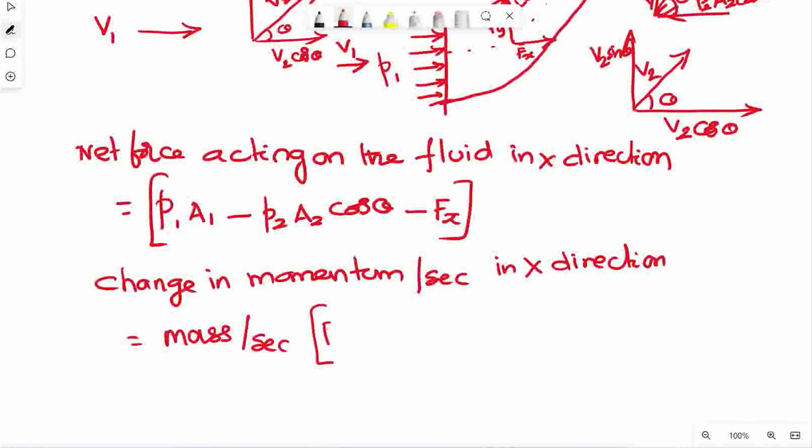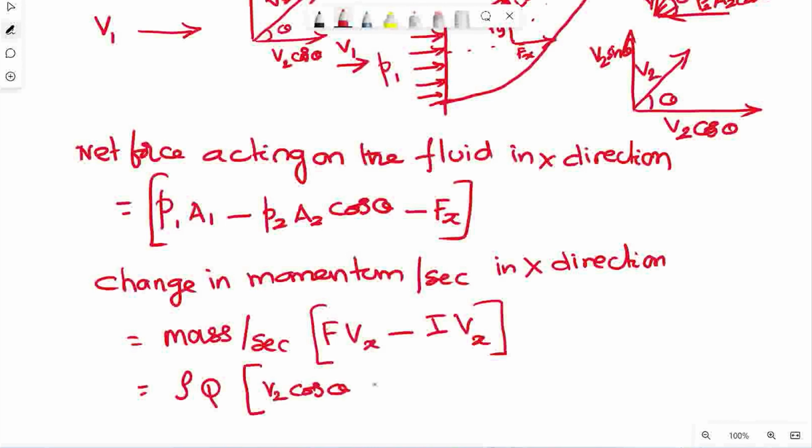That means final velocity in x direction minus initial velocity in x direction. So if Q is the discharge, rho Q is nothing but mass flowing per second. What is the final velocity? Final velocity is V2 cos theta minus initial velocity V1, right?